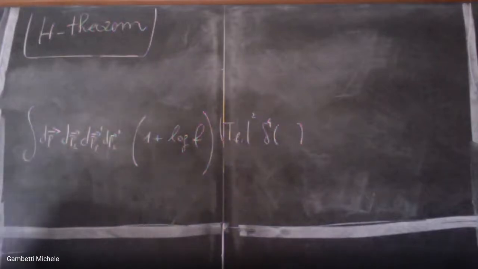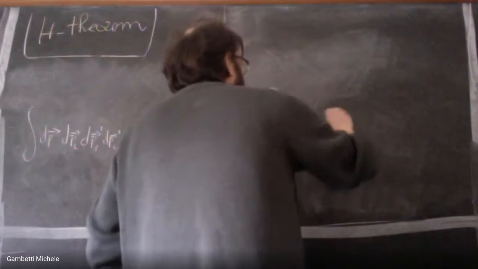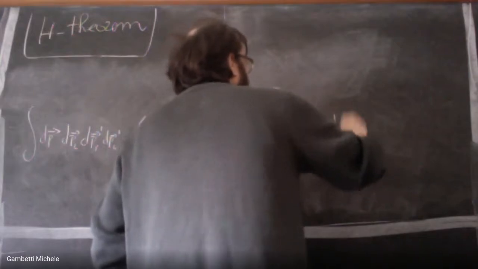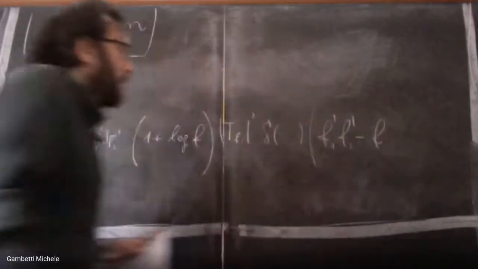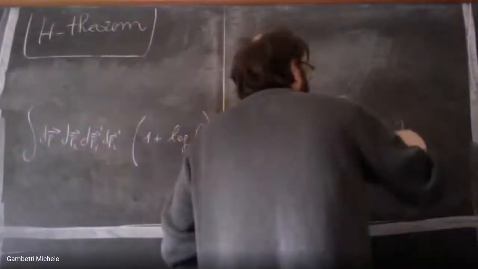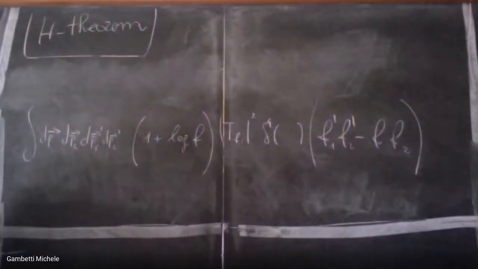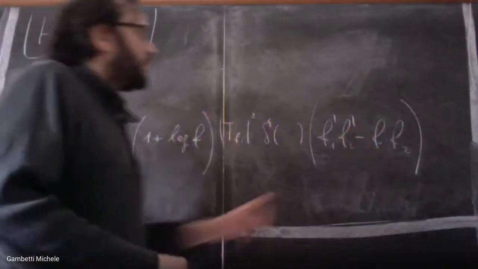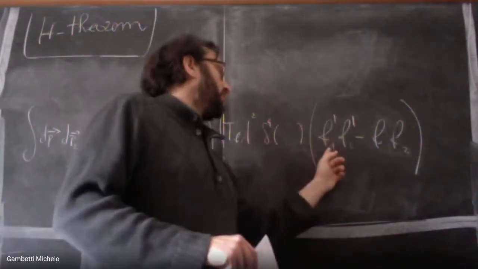And then there was this difference, f1 prime f2 prime minus f f2. Where f1 prime, f2 prime, f and f2 correspond to the distribution computed at p1', p2', p and p2 at time t.